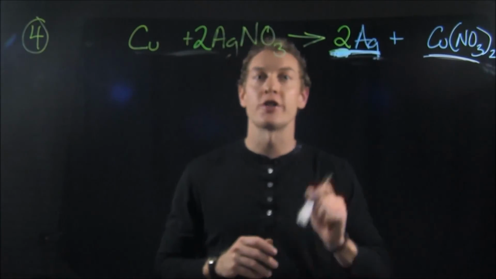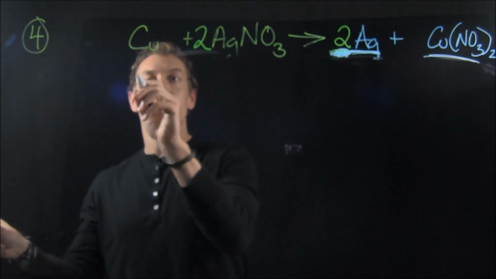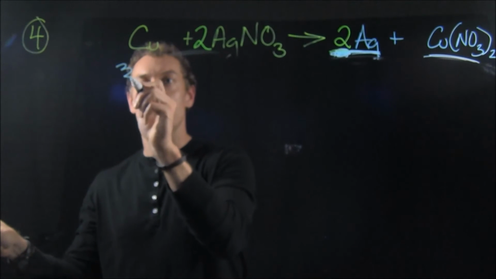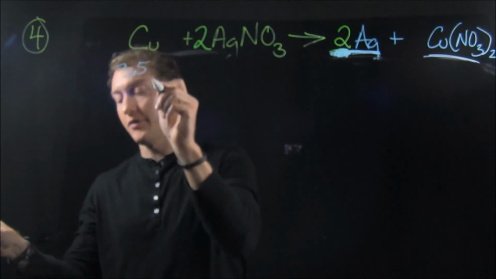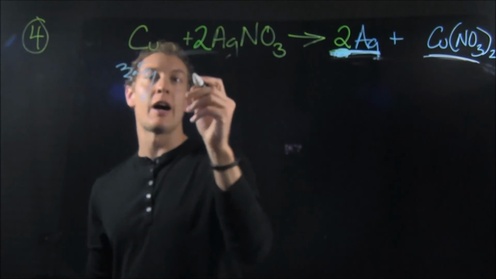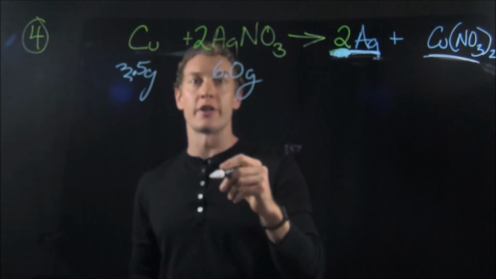Let's organize our thoughts just a little bit. We saw that we took 3.5 grams of copper. We reacted with 6.0 grams of silver nitrate.